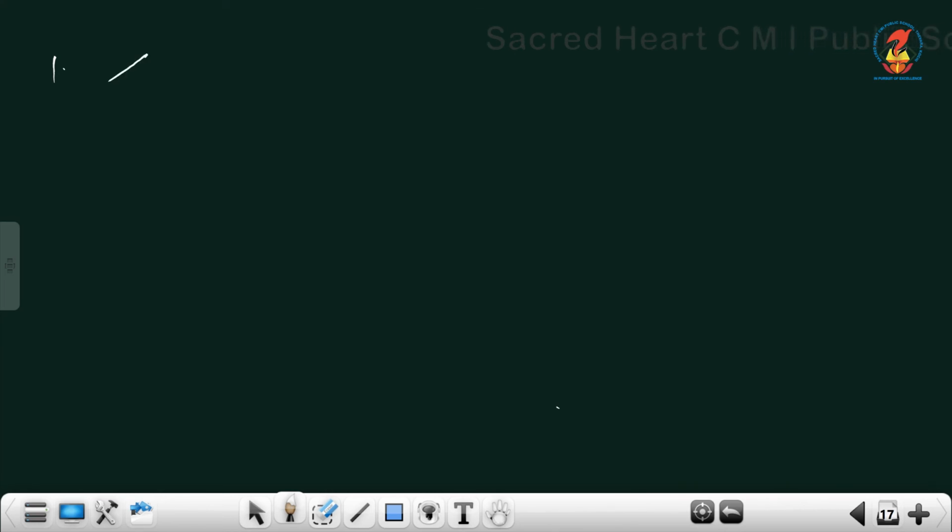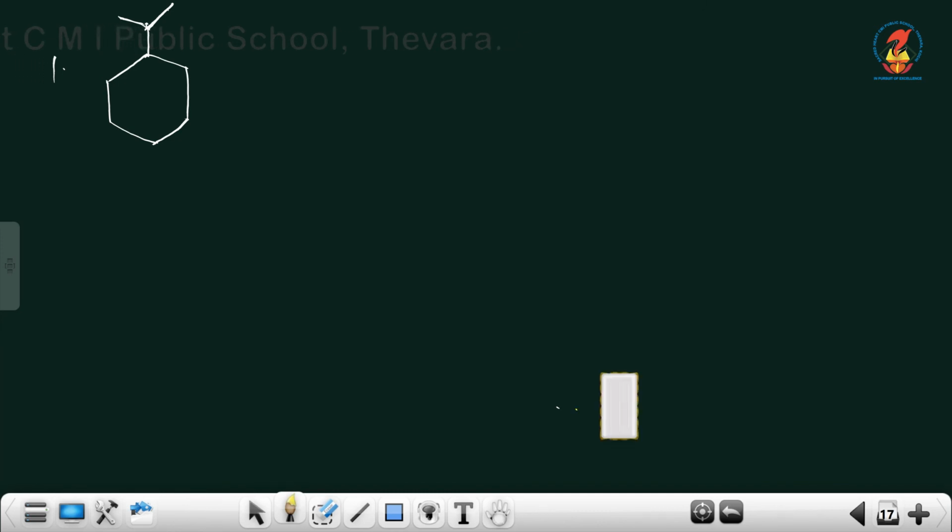The first structure given here is a cyclohexane ring. This is the structure given in the question. So how can we expand it? I am drawing the structure once again. How can we expand it?